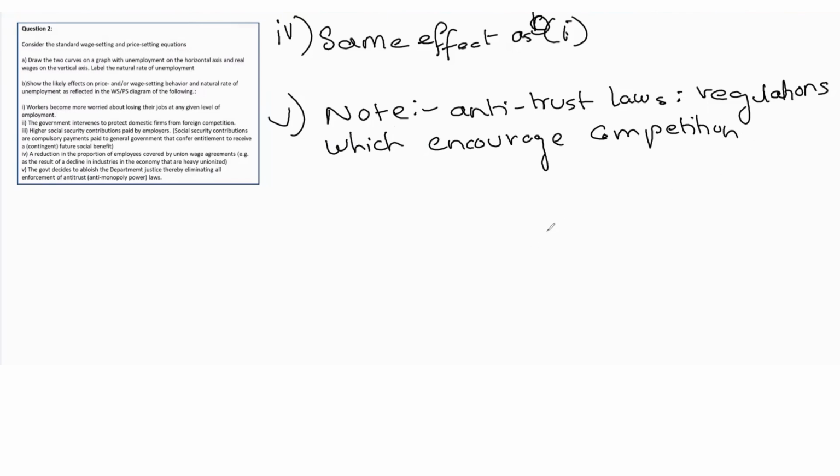So you're eliminating the enforcement of these laws which encourage competition. So this means there'll be lower competition and hence more market power. Thus, firms will be able to charge more, and thus markup will increase. PS will shift down, and UN will increase.